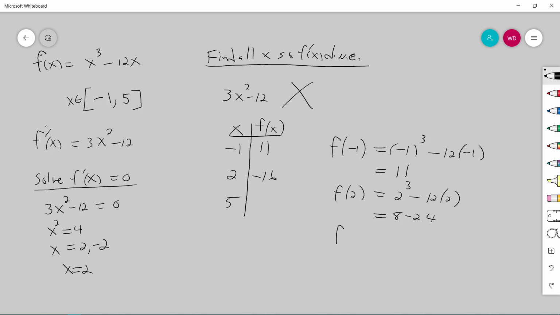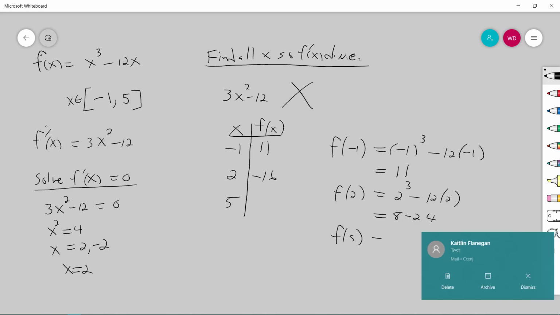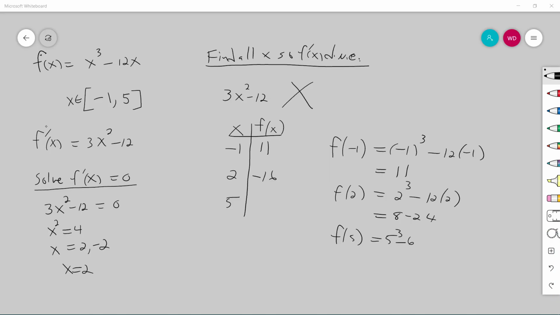And the last one would be f of 5, which would be 5 cubed minus 5 times 12, which is 60. That would give you 125 minus 60, and that gives you 65. So among these, one of them must be the absolute maximum.